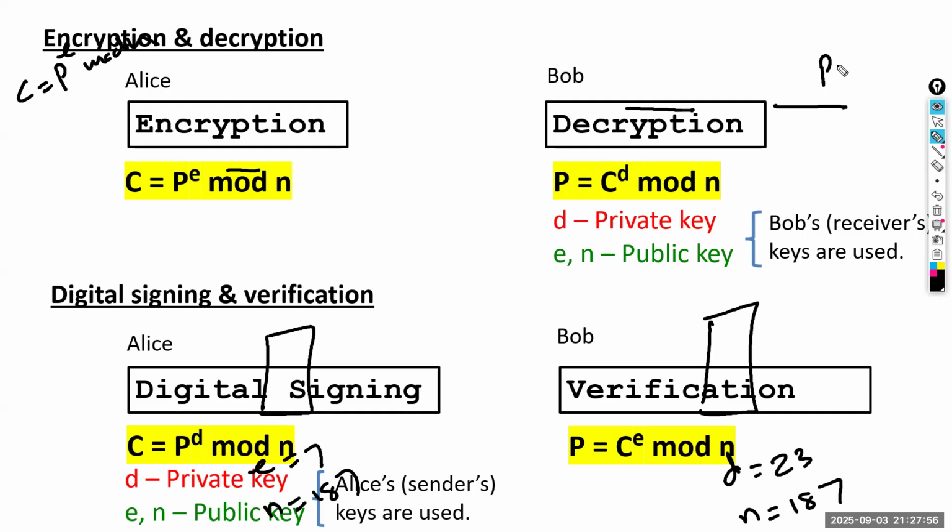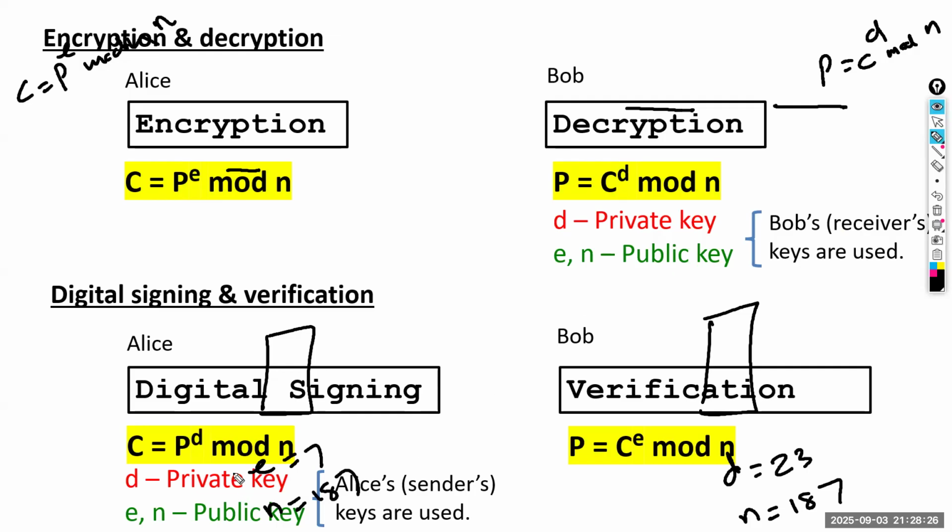Here, P equals C to the power D mod n. The real private key is D because D is not shared, and N is actually part of the public key.